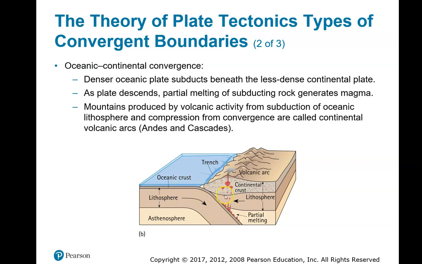When that happens, you also have volcanic activity, but you're not building islands anymore. You're building mountains, not in the oceans, but at the coasts of the continents. Like for example, the Rocky Mountains or the Andes Mountains.